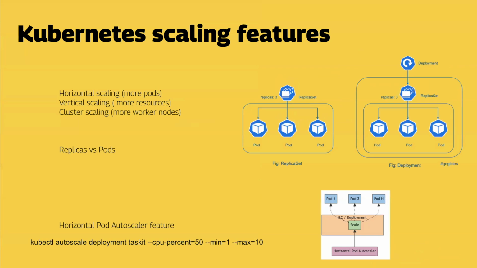So, what scaling features do we have? There are three different types of scaling. The first one is horizontal scaling, which means basically when you create a deployment, it can scale over different pods. Vertical scaling is when you can have more resources like CPU or memory.